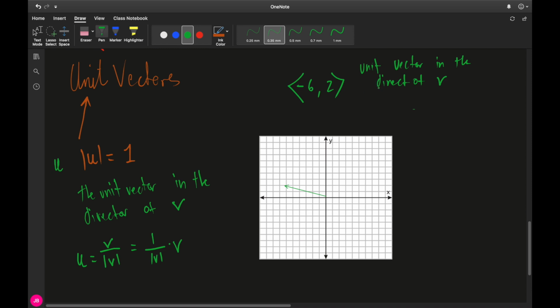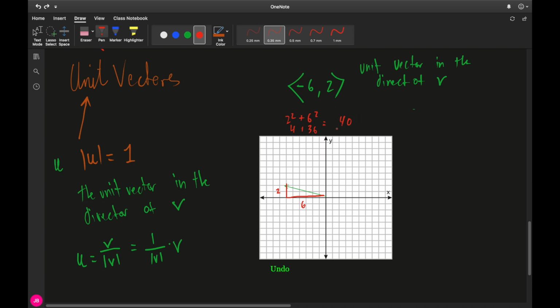So the first step that we have to do is we have to find the magnitude of this. And we can do that one of two ways. I'm going to opt for the Pythagorean Theorem. This is going to be 2. This is going to be 6. So we have 2 squared plus 6 squared, which is 4 plus 36, which is equal to 40.